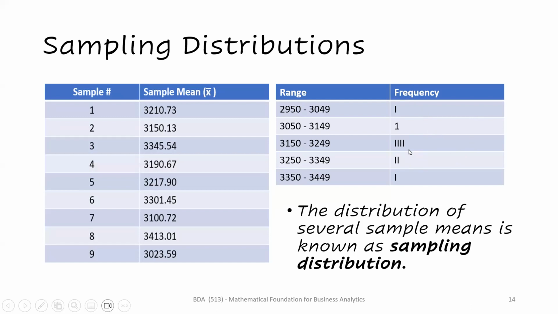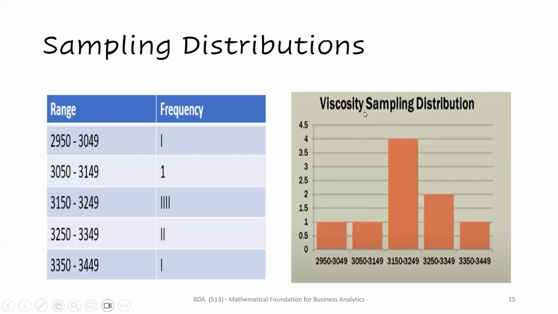Based upon this, we can plot our viscosity sampling distribution. We see this graph here showing different frequencies for all of the viscosity sample means, for the viscosity levels. So we get something like this.